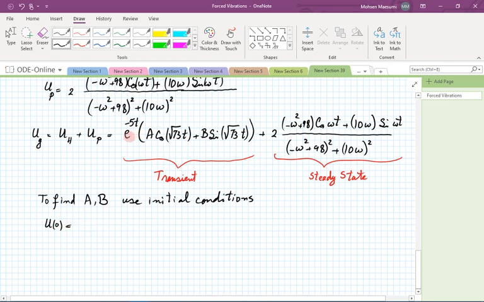Standard trick: exponentials become 1, cosine becomes 1, sine becomes 0. So the only thing that's going to survive out of the first portion is just an A. From the second portion, sine falls out because sine of 0 is 0, and cosine of 0 becomes 1. This lengthy expression is going to be there, so I'll have 2 times minus omega squared plus 98 over that stuff.